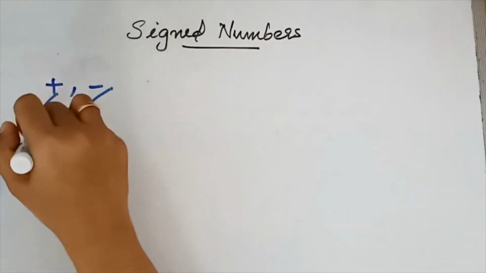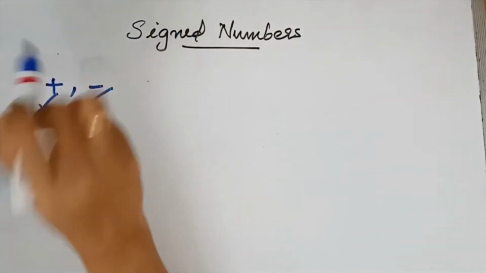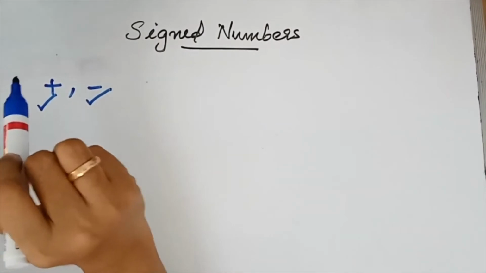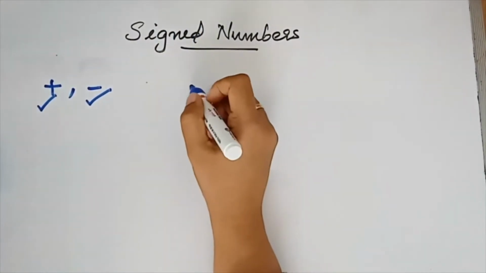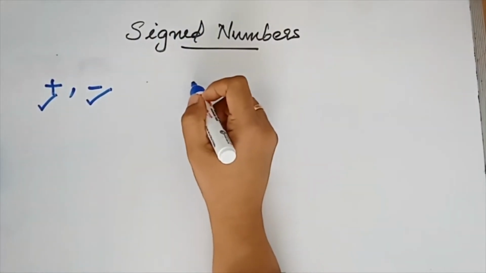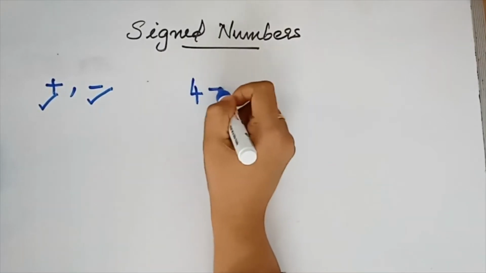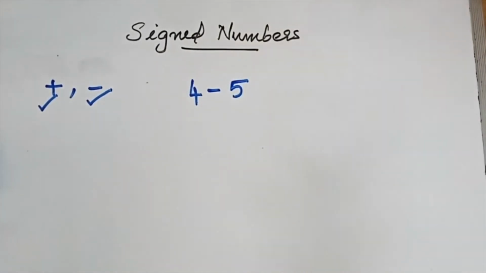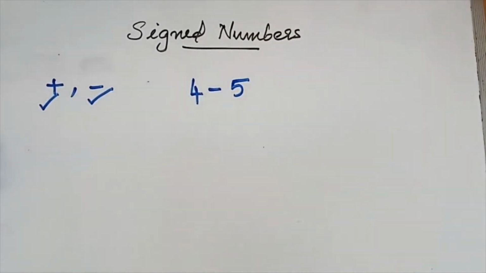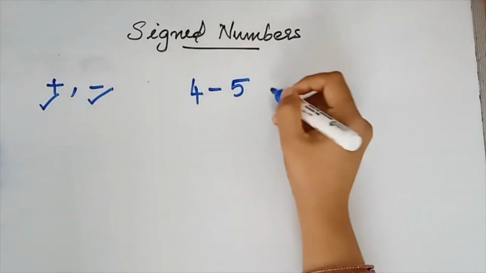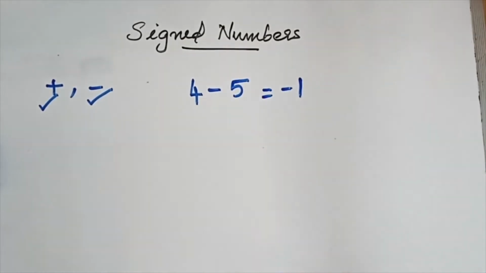Now, what is the significance of knowing how to represent a signed number? Because suppose you want to subtract, say, 4 minus 5, both in decimal. Your answer is minus 1, minus 1 to the base 10.